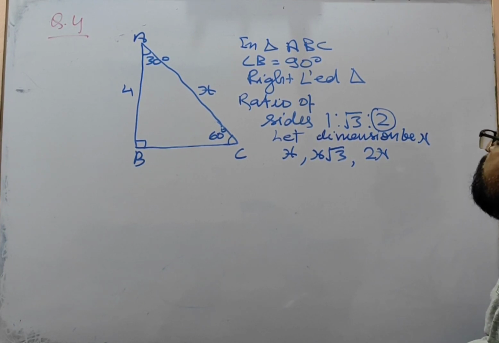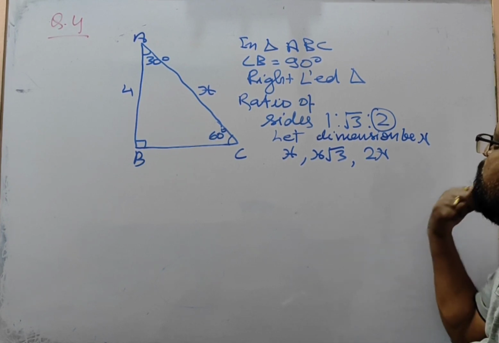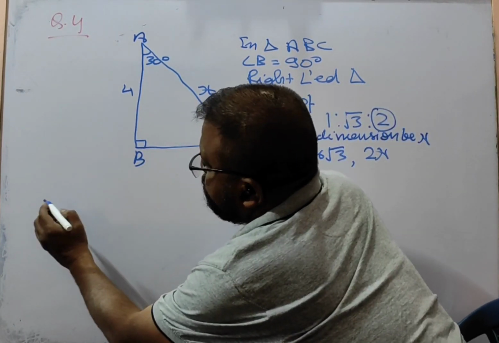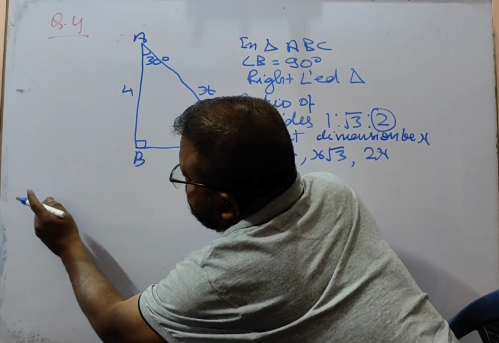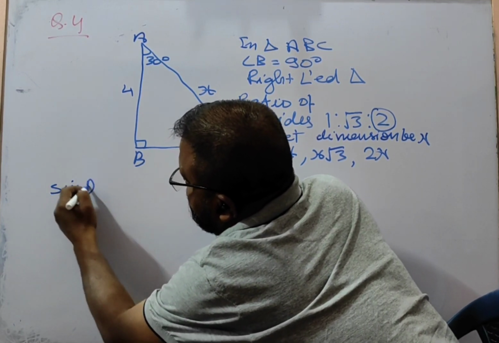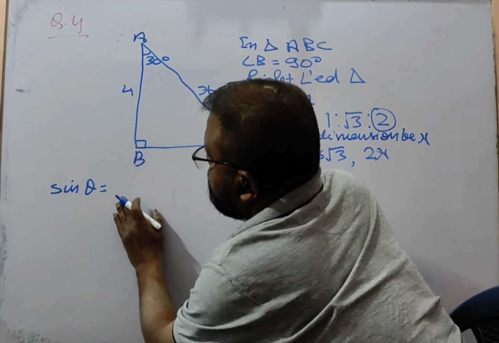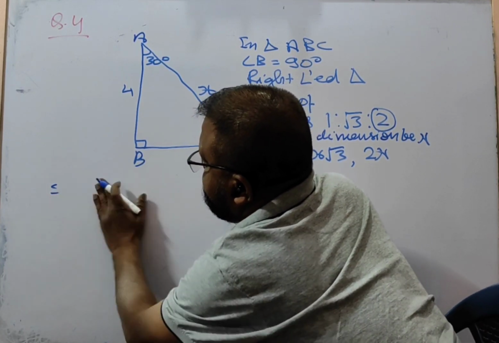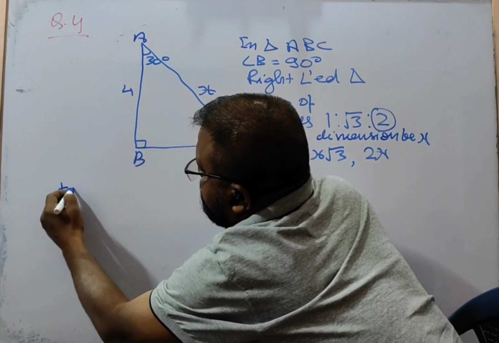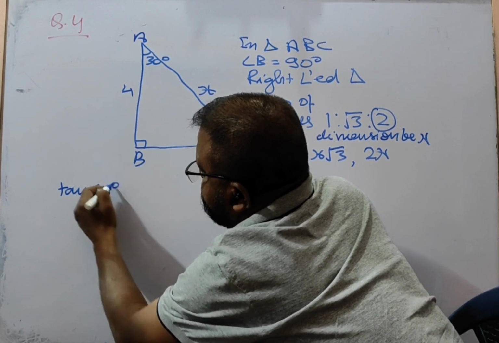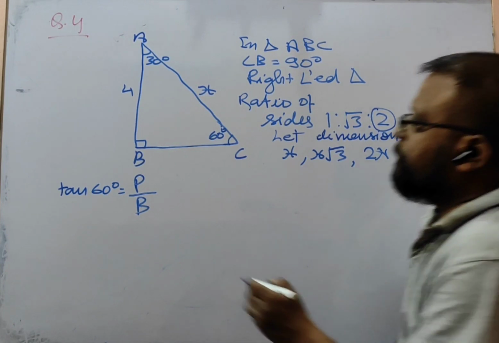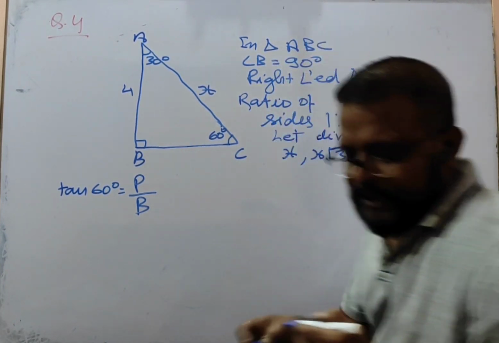I can do it by this method only. No, it's not like that. If I take tan 60 degree, then there is perpendicular upon base, right?